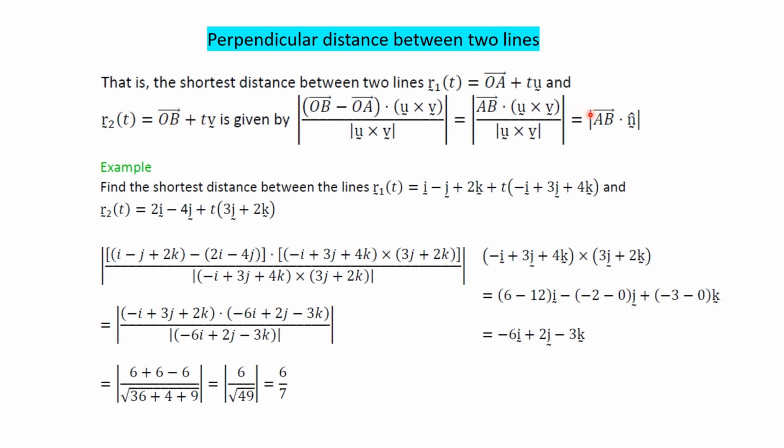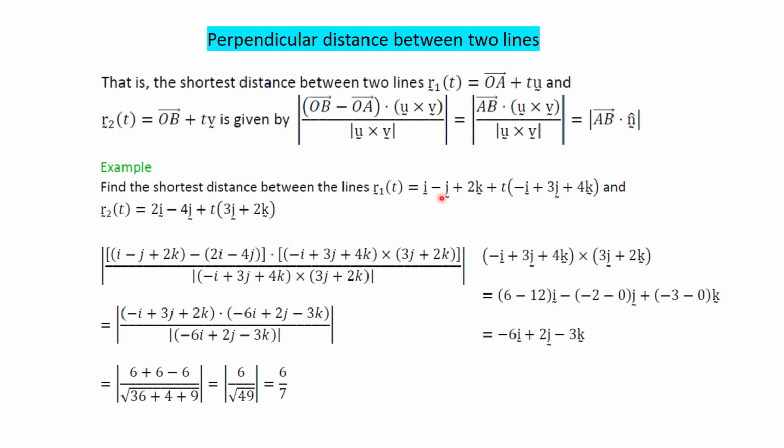So what you want to do is find a vector joining these two points. So that would be vector AB, and n hat is the unit normal vector, which is perpendicular to both U and V.